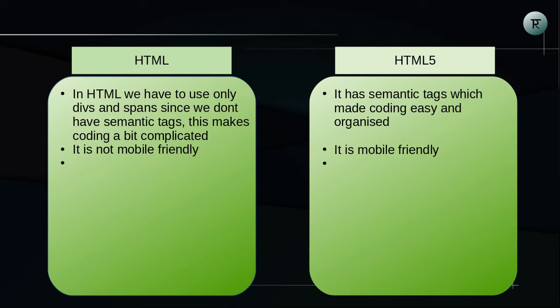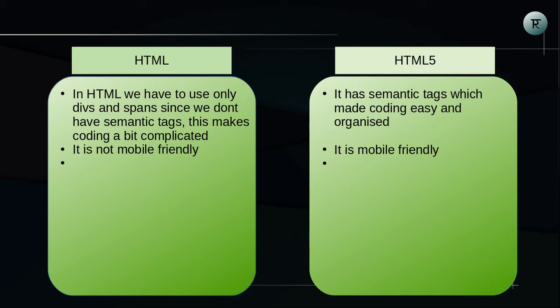In the HTML version, whatever web page we made, if we wanted to browse it on a mobile phone, the page did not fit the screen of the mobile phone, so it was not responsive.